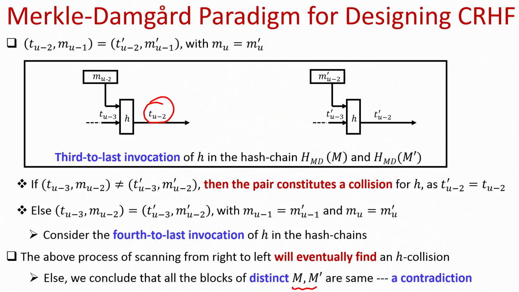We also discussed the Merkle-Damgard paradigm, which is a well known paradigm used in several practical instantiations of cryptographic hash functions. What the Merkle-Damgard paradigm does is take any fixed length collision resistant compression function and apply it to obtain a collision resistant hash function for any size input.